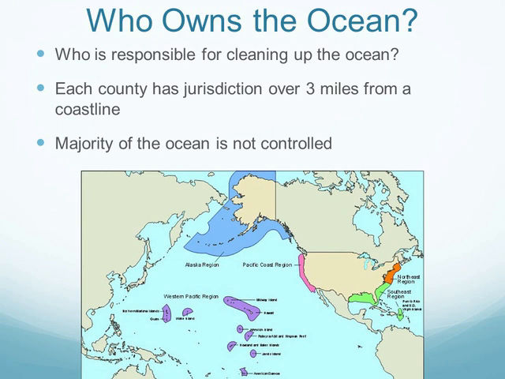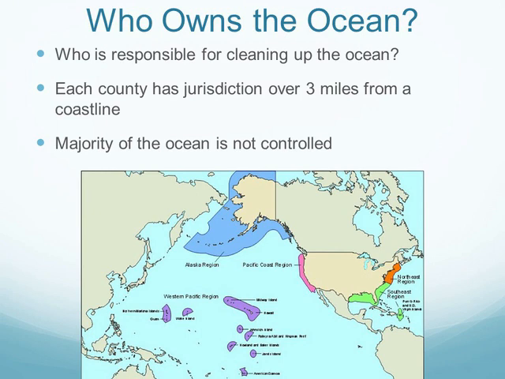If you look at this map here, this map shows the jurisdiction of the US. So everywhere that we have either a territory or a state or some sort of coastline that we own, we have a 3-mile jurisdiction off of that coastline. So anything that we say can go on within these 3 miles, yeah, we are responsible for.